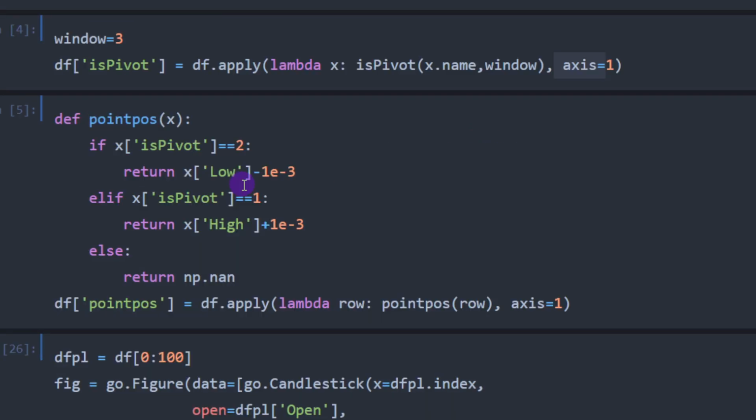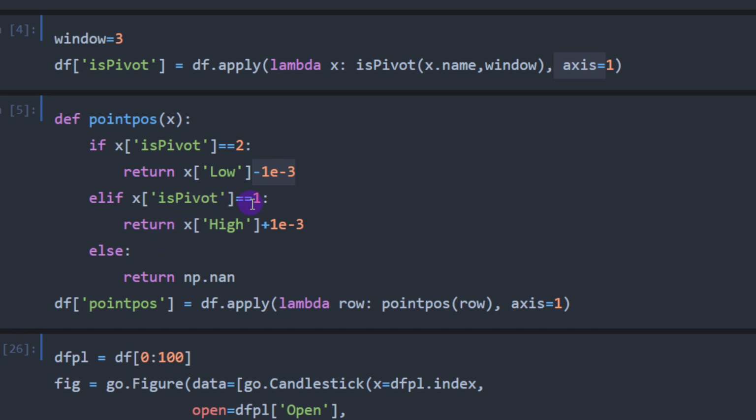Now we can plot this on a graph, but before plotting these points, we define a new function called point position. It takes a data frame x as an argument. We're going to look for the is pivot column. If it's equal to 2, which means we have a pivot low value, we're going to return a position for our points below the lowest point of the current candle, minus 10 to minus 3 in this case, because we're talking about the euro-US dollar, so this seems to be a good empirical value, I would say.